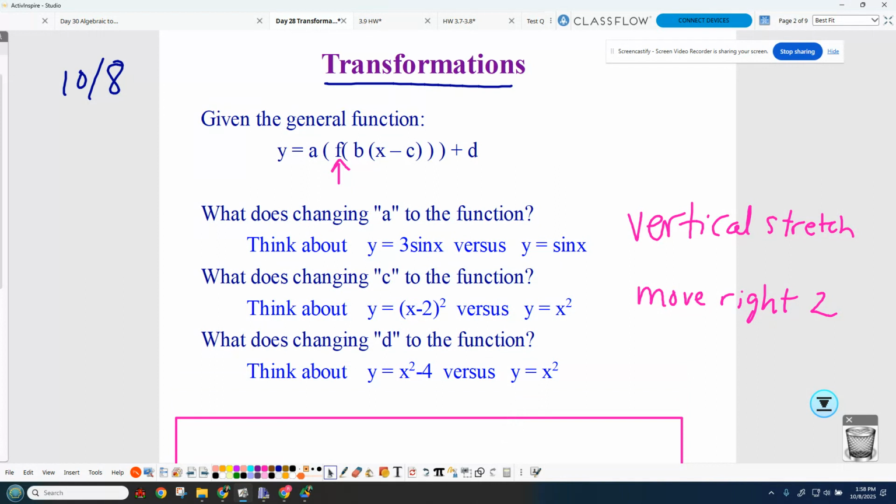If I say, here's this natural log function, don't know what that is, but if I say natural log function plus 7, whatever it was, make all the y values higher by 7. This example, does it move up or down? Down. How many? Down 4. Okay.